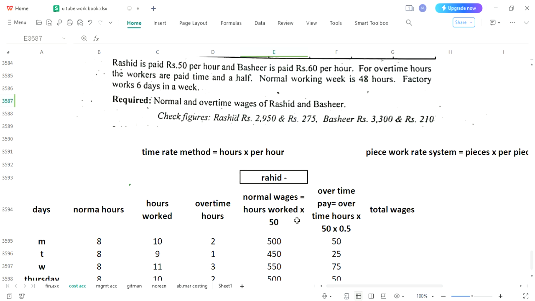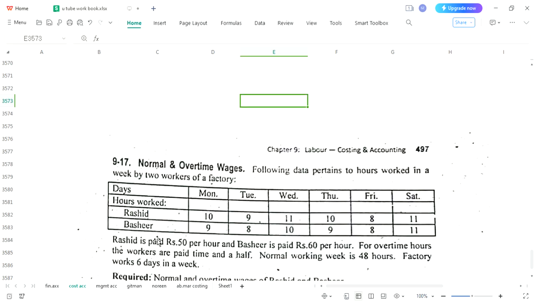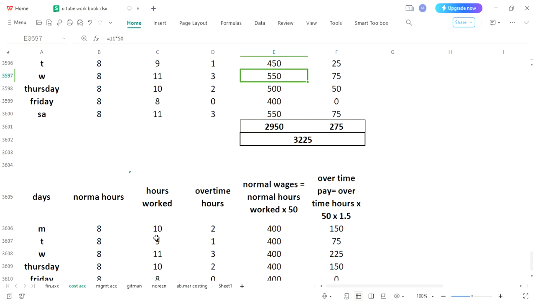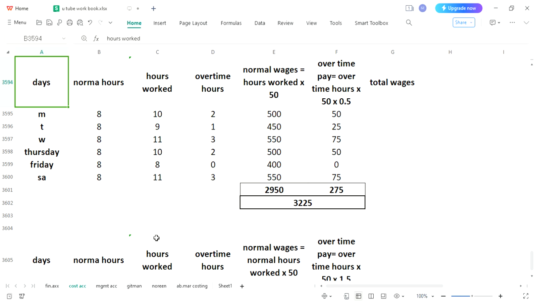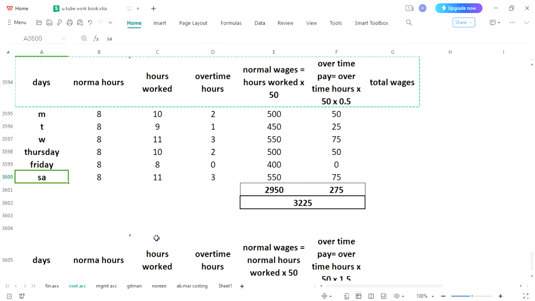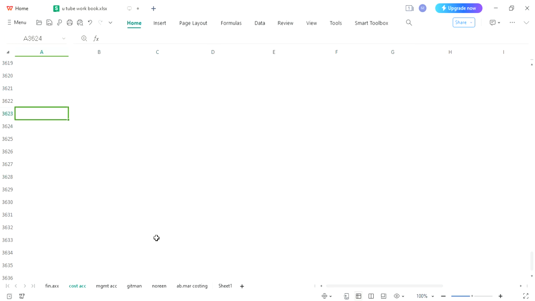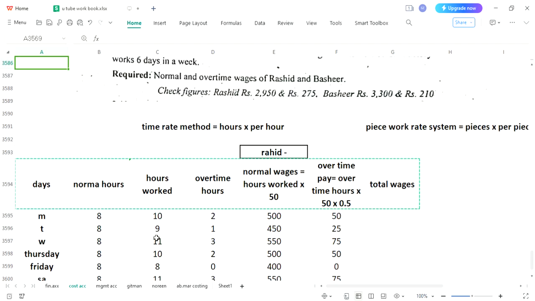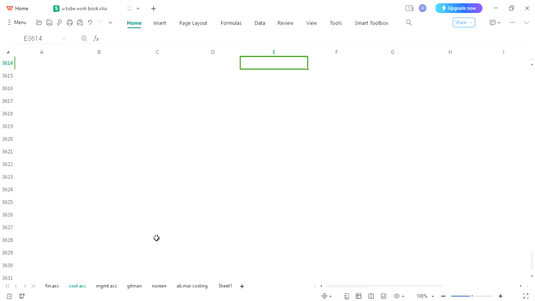Okay, let's go back to the question. The second person is Bashir. For Bashir, we will be using the same headings which we used in our previous part. Now we are going to see the second person, and the name of the second person is Bashir. Here you will calculate Bashir's payment.